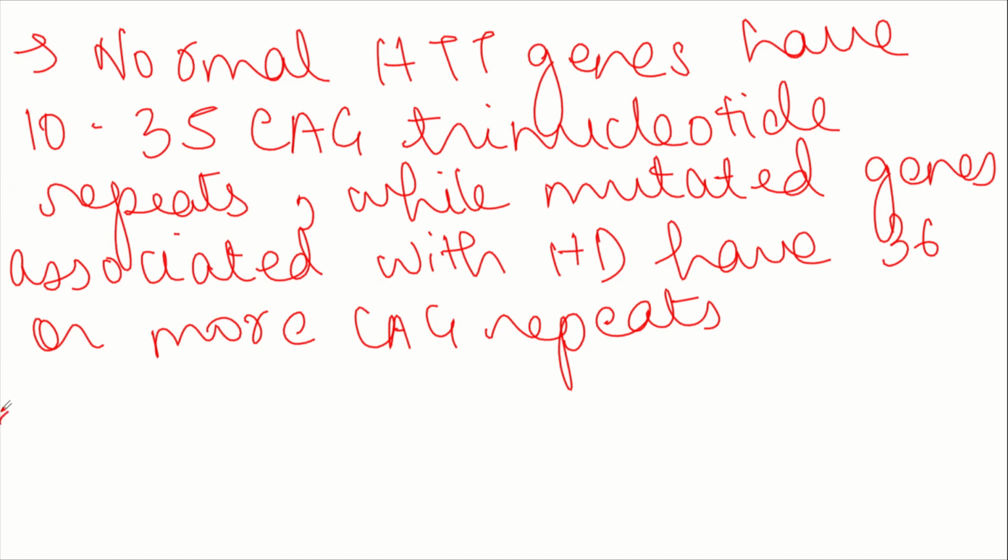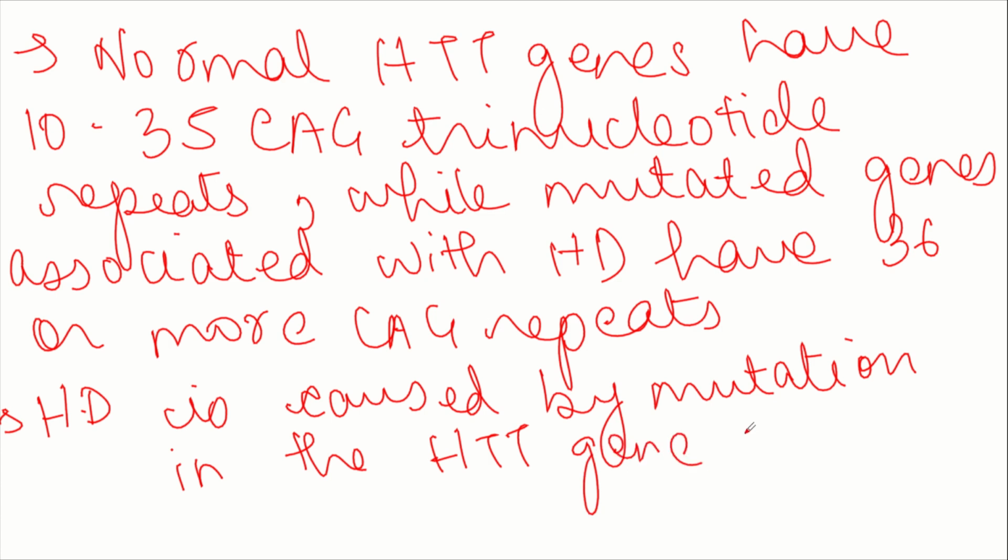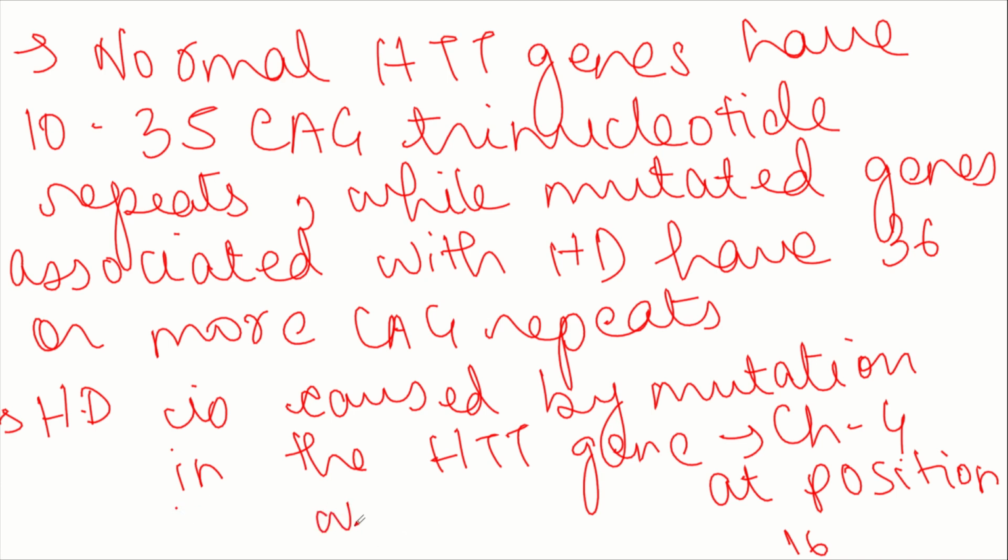Huntington disease is caused by a mutation in the HTT gene, which is specifically, now we go into specifics, in chromosome 4 at position 16 at the short arm.